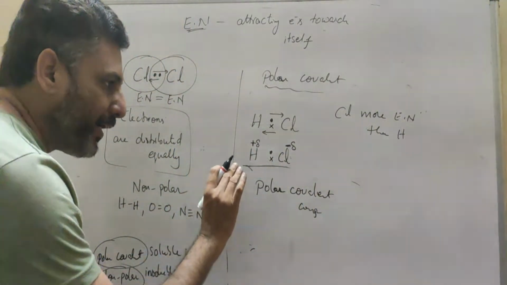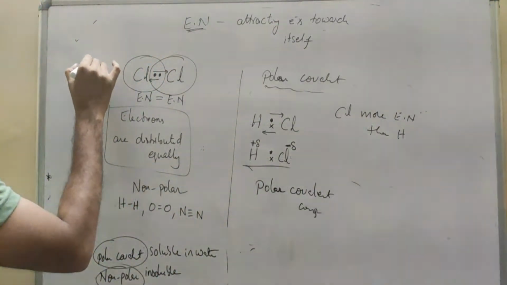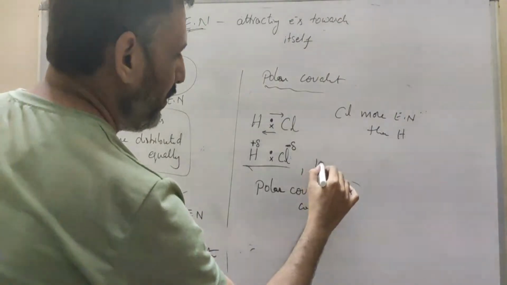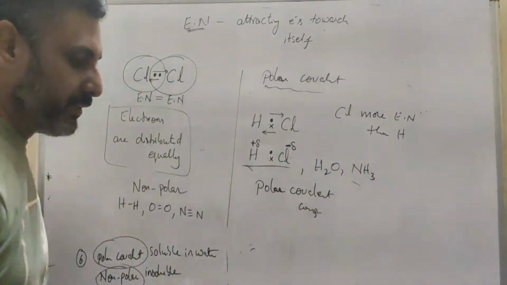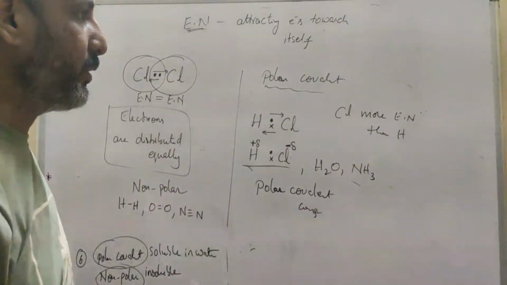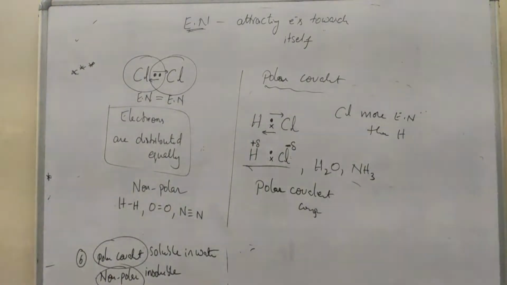Those electrons are partially towards chlorine. So this is also very, very important. HCl, water, ammonia are examples of polar covalent compounds. Okay, so this is a quick revision on chemical bonding.